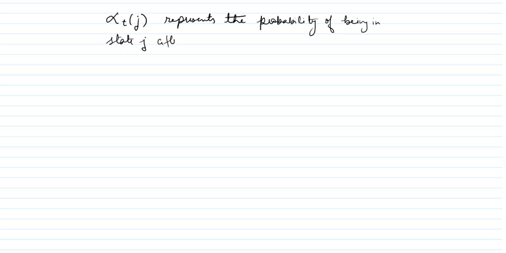It represents the probability of being in state J after seeing T observations, and given lambda, that is the original hidden Markov model probability tables.